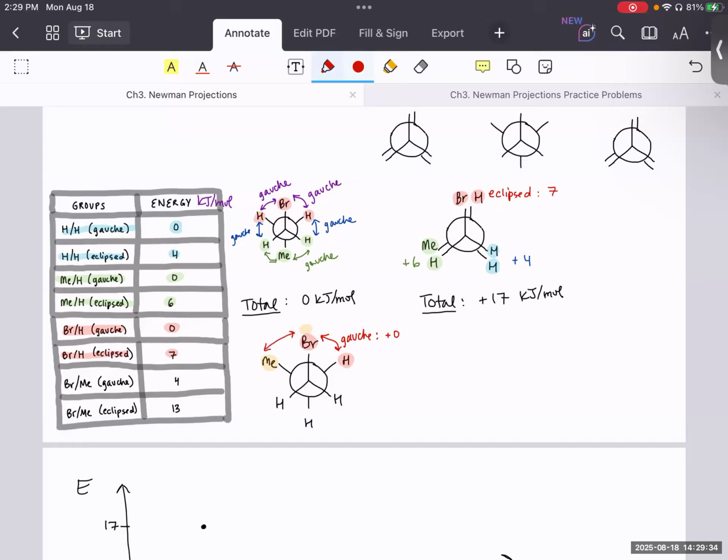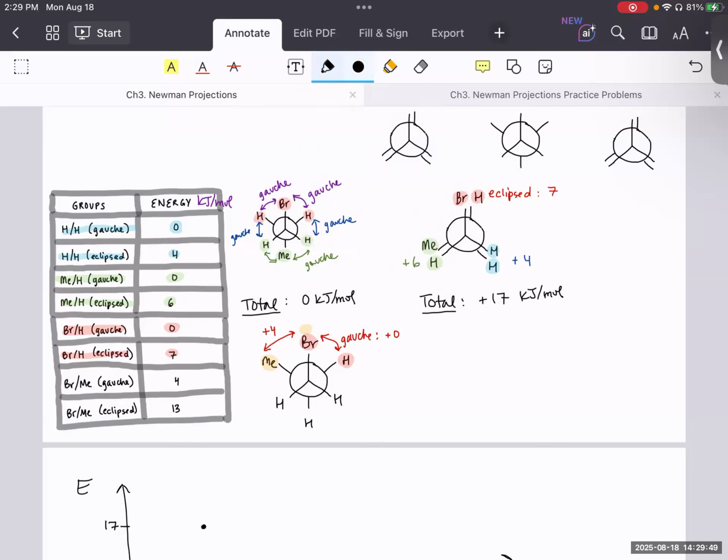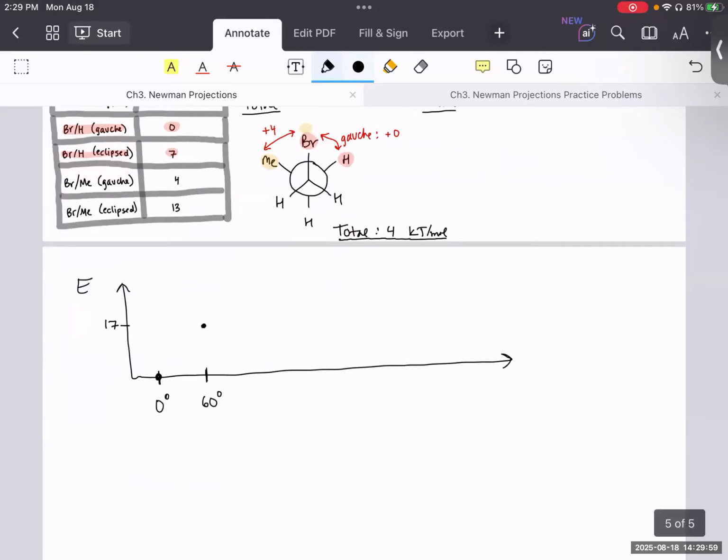And so we would want to use that plus 4 value from the table at the bottom. And then we know that hydrogen-methyl gauche and hydrogen-hydrogen gauche don't have any interactions because they're too small. And so we have a total of 4 kilojoules per mole contribution here. And so if we go back to our diagram, we would have 120 and then 4 at the bottom here.